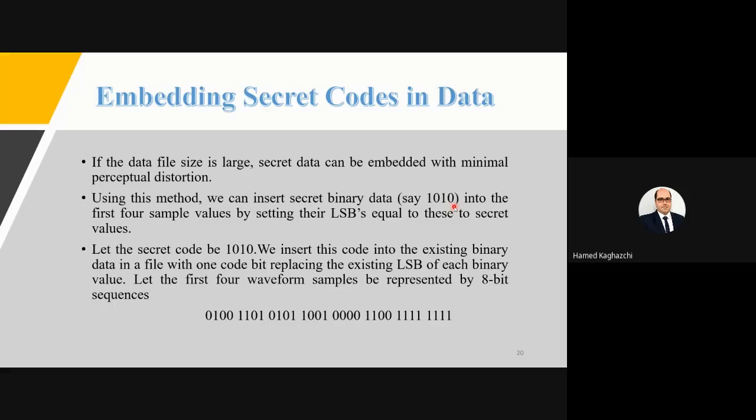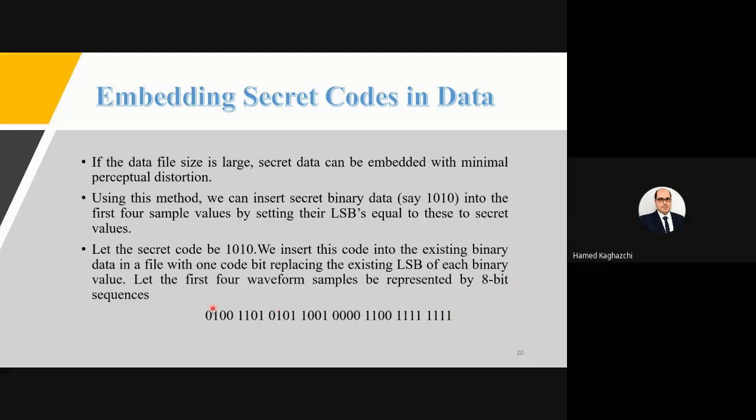Now, we can insert this data into the first 4 sample values, because the length of this code is 4, by setting the LSBs equal to the secret value. What is the LSB? Least significant bit. This is the least significant bit of each value.